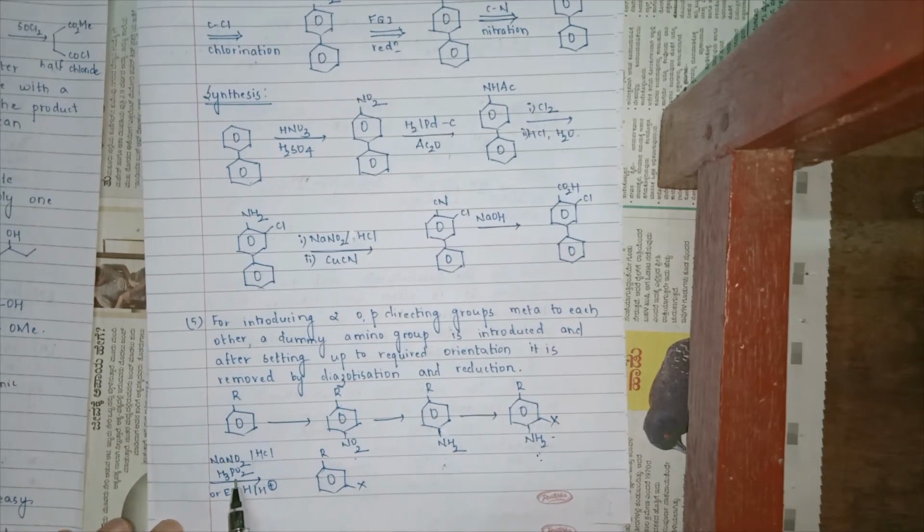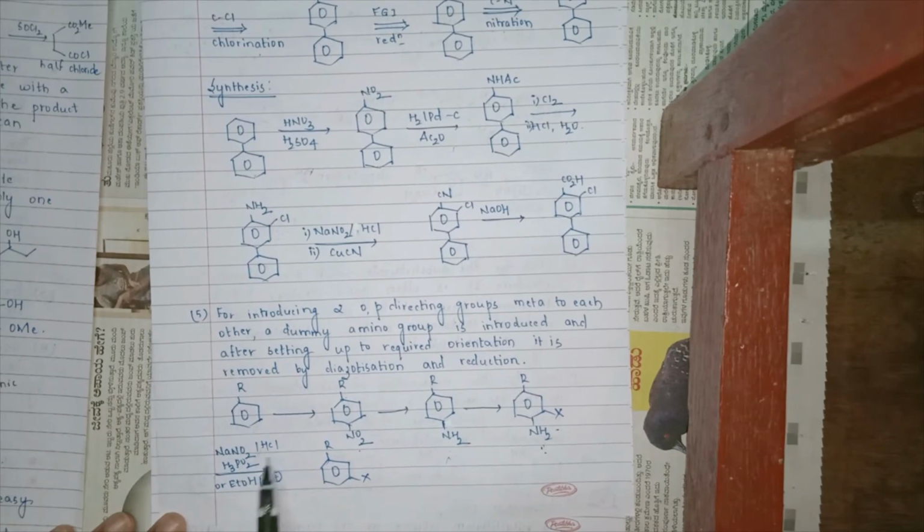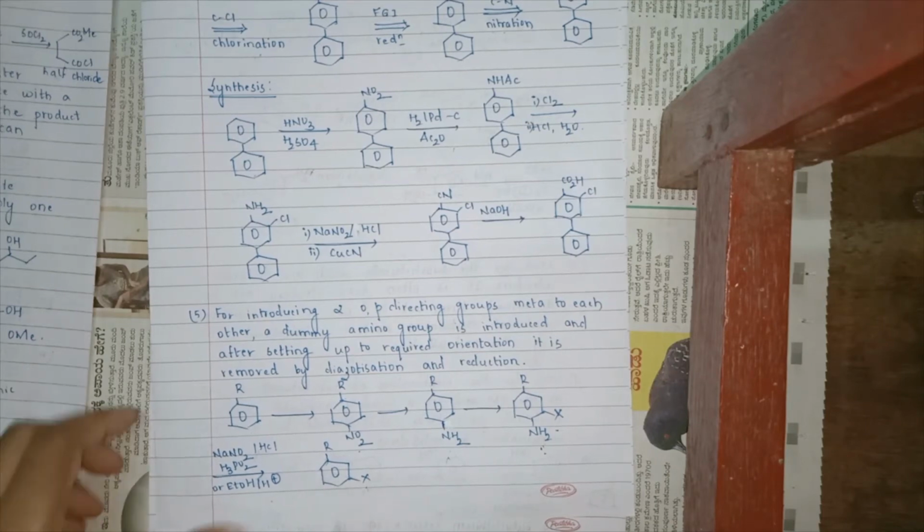Further, in the presence of NaNO2, HCl and H3PO2, or ethanol, in a protonic environment, I can easily remove this NH2, and meta with respect to the electron donating system, another electron donating system can be easily introduced.